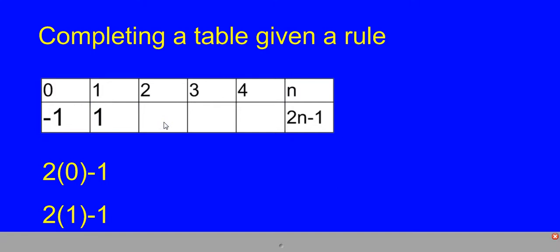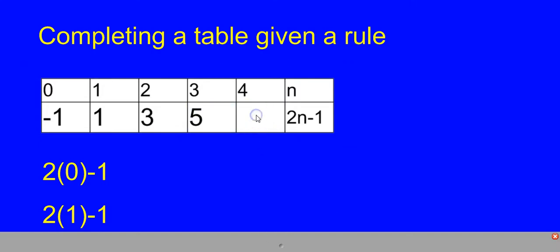From there, I'm not going to write out the steps, but I'm going to do the same thing. I'm going to plug 2 into that rule. 2 times 2 is 4, minus 1 is 3. Then I'm going to plug 3 into that rule. 2 times 3 is 6, minus 1 is 5.